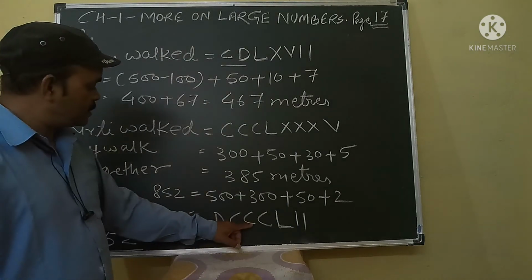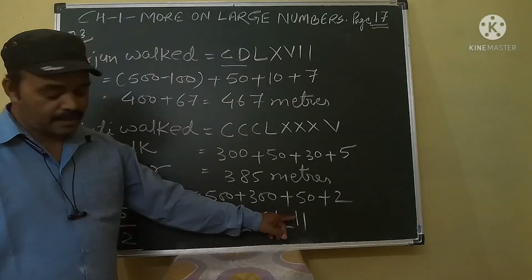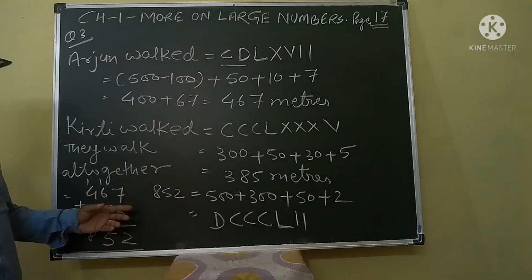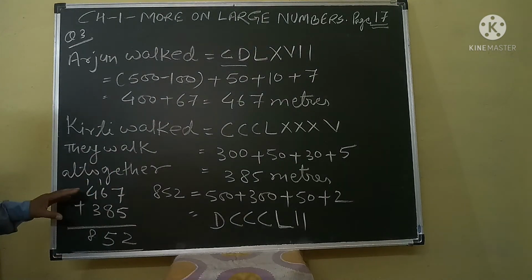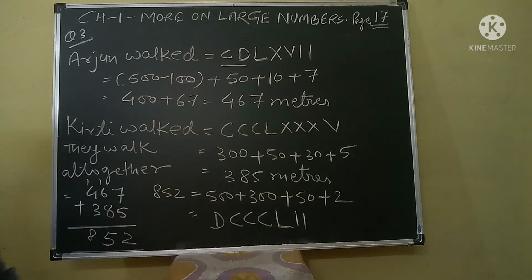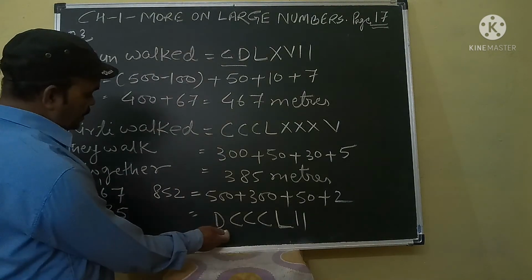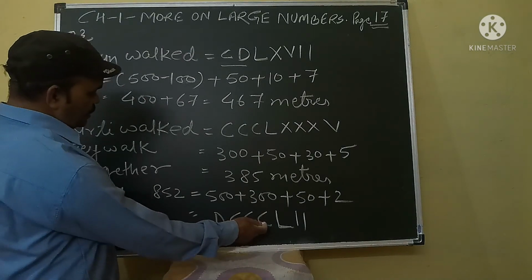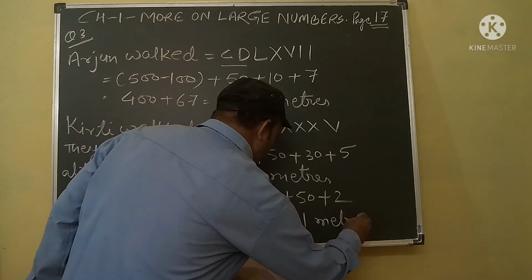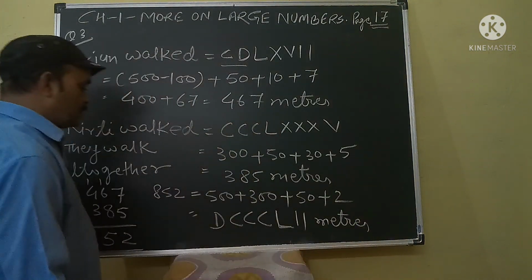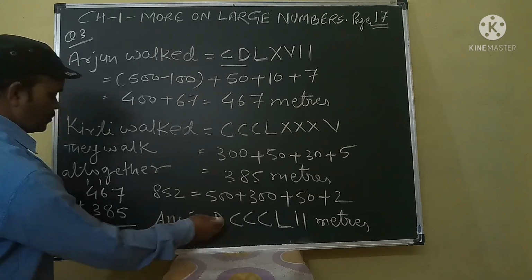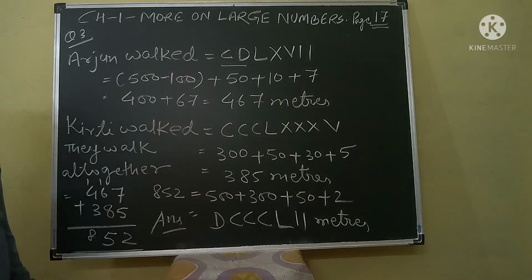D, C, C, C, L, I, I. So they walked all together 852 meters, which means DCCCLII meters. This is your required answer for question number 3.